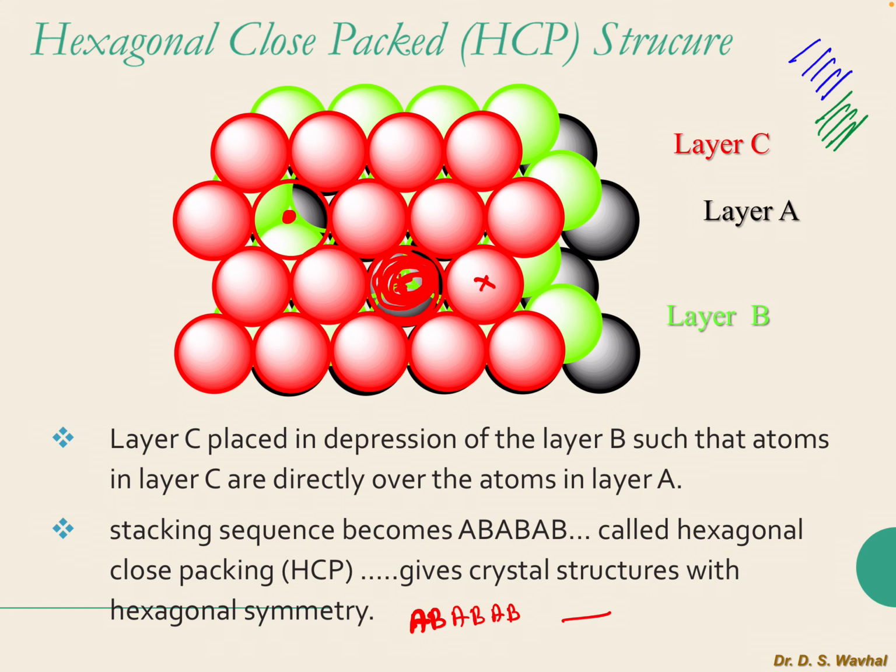Let us see the unit cell of HCP now. As you can see, this is the bottom surface, that is layer A atoms. Then we are going to add layer B atoms, which sit in the depression formed by layer A. So this is layer B atoms.